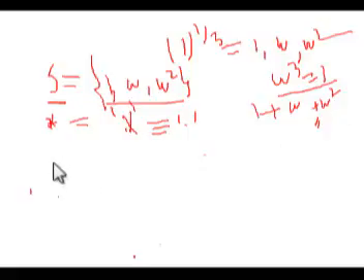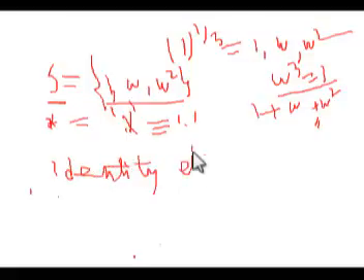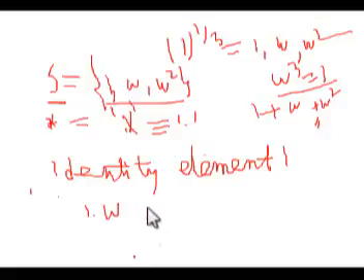If we take the identity element 1, then omega with the multiplication operation we get omega, and the left inverse and the right inverse also.